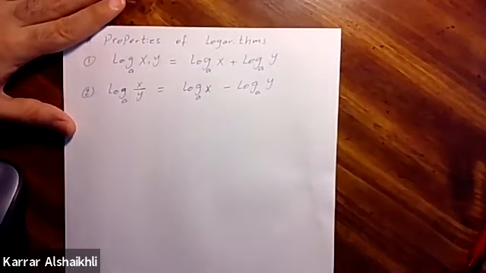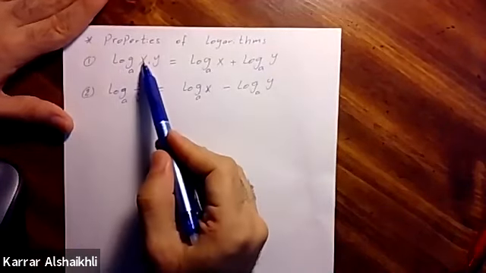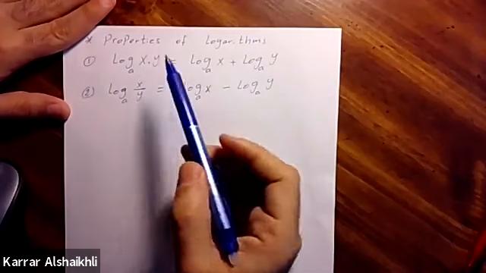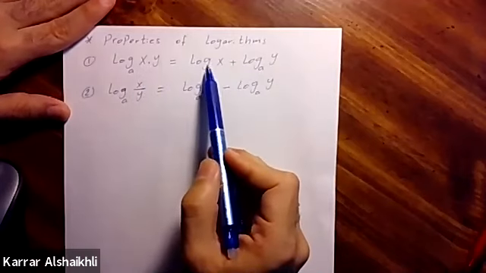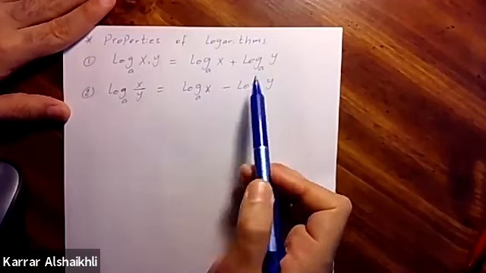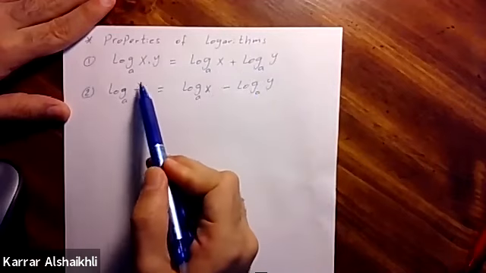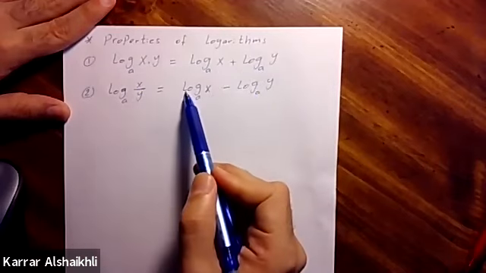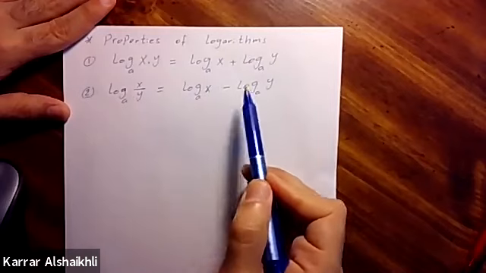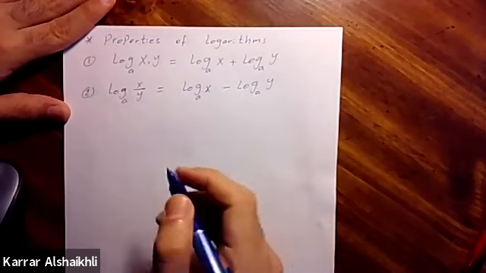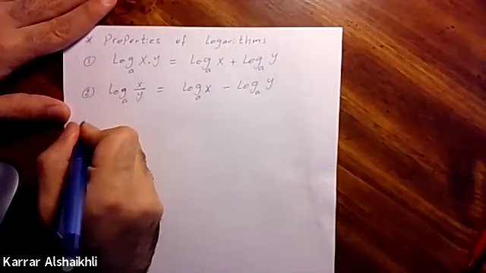So here are the first two rules. Log to the base a of x times y is addition: log to the base a of x plus log to the base a of y. Log to the base a of x divided by y is log to the base a of x minus log to the base a of y.